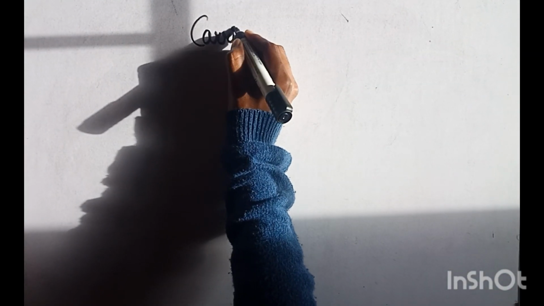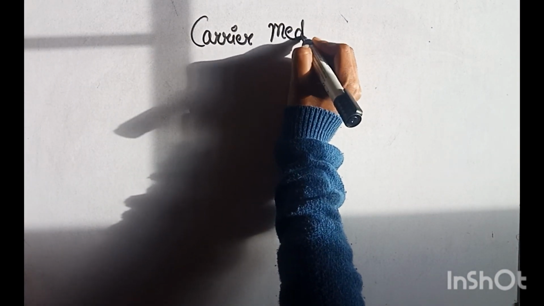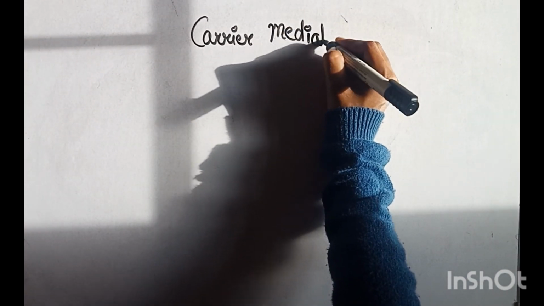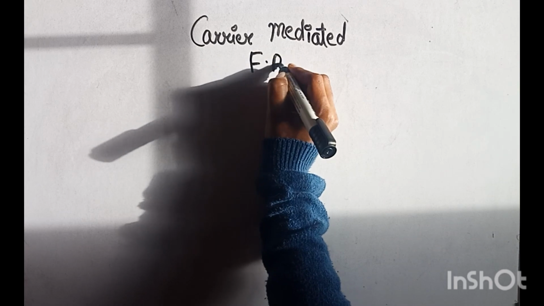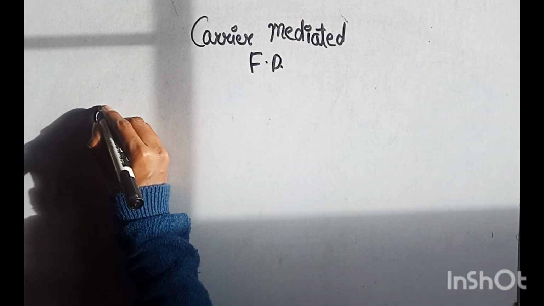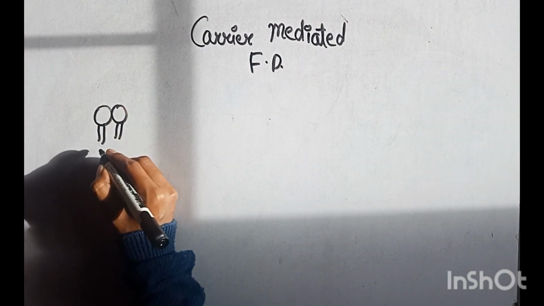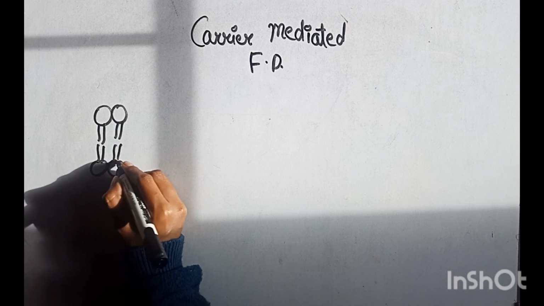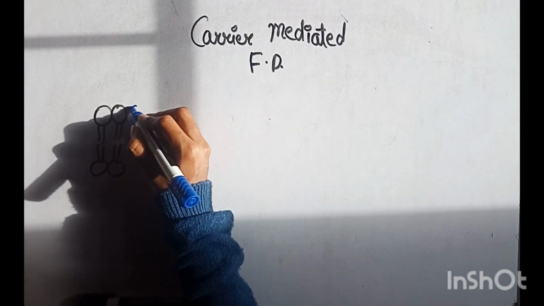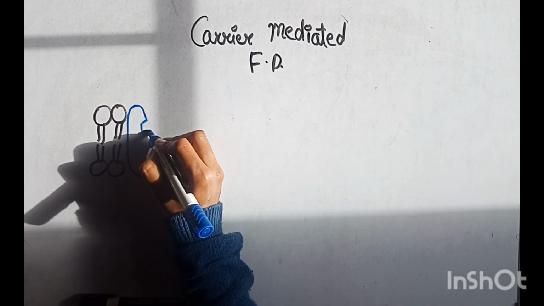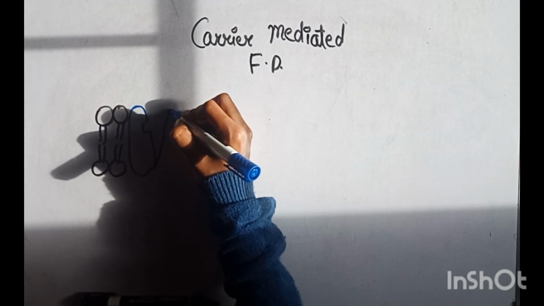Another type is carrier mediated facilitated diffusion. Carrier means transporters, which transport substances from one side to the other by changing shape. That means the membrane protein changes its shape to transport the substances.